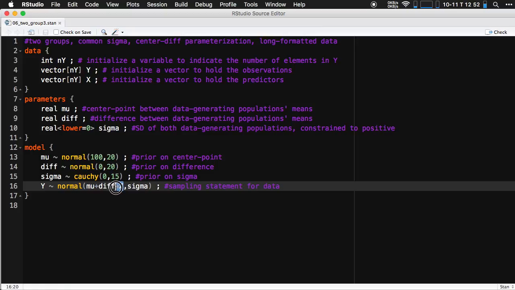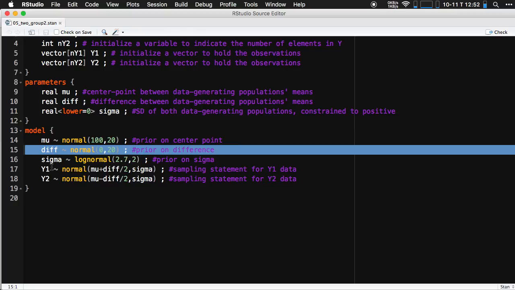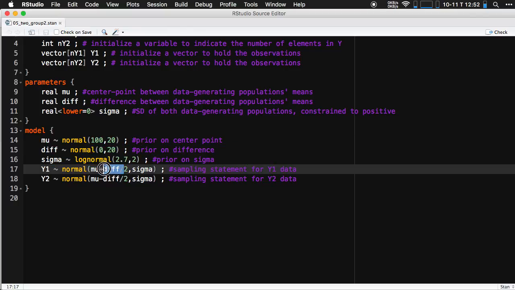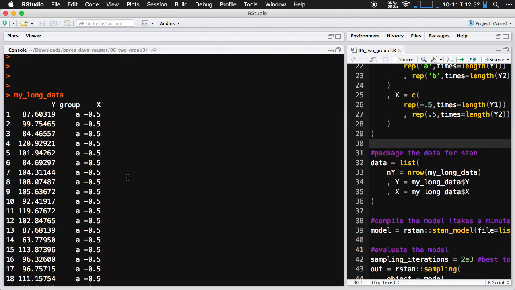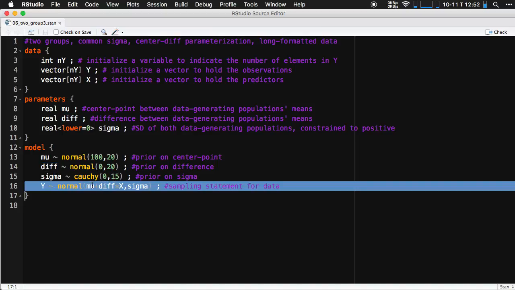And critically, it's saying the result that it computes here, mu plus diff, is going to be dependent on what the value of x is. So x is data coming in, and x is either positive 0.5 for one group or negative 0.5 for the other group. So this is functionally similar to having the scenario where you've got y1 with plus diff divided by 2 and y2 with minus diff divided by 2, except the plus diff and minus diff are all being put into one line here.